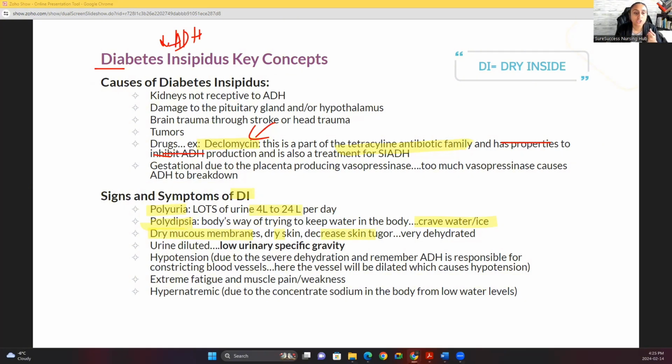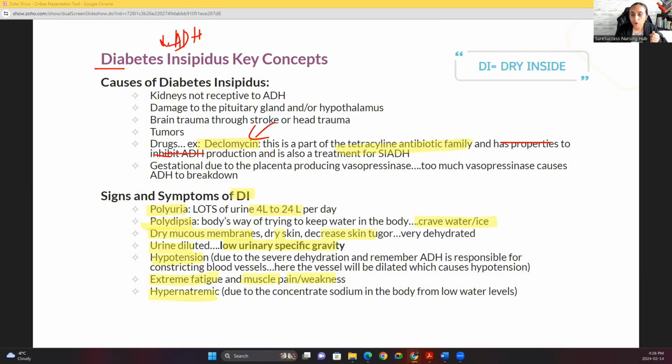Too much. So the urine is diluted. Is it concentrated or less concentrated? Less concentrated, which means specific gravity is low. What will happen to your BP? Low. Extreme fatigue, muscle pain, weakness, and what will happen to your sodium?